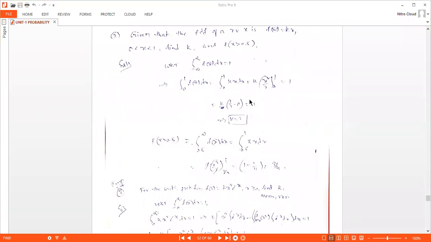Now, given that the probability density function of a random variable capital X is f of x equal to kx, within the limits 0 to 1, find k and the probability value, that is, x greater than 0.5. To find the value of k, you know that the total probability is 1. So we need to take the integral from minus infinity to infinity of f of x dx as 1.